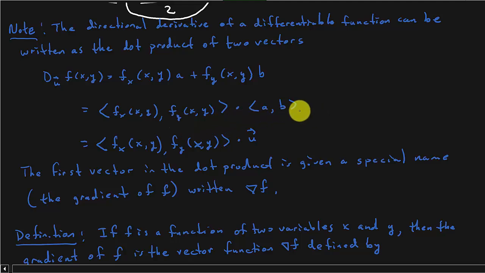I mean, think about it. If you did the dot product, it would be this times this, which we have here, plus this times this, which we have here.